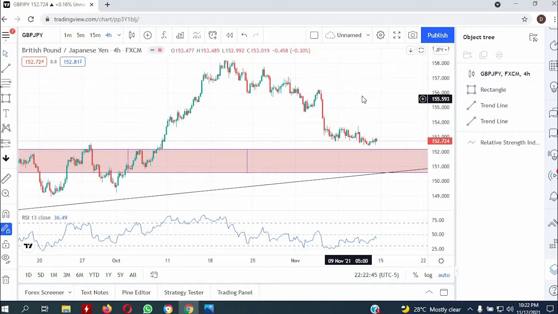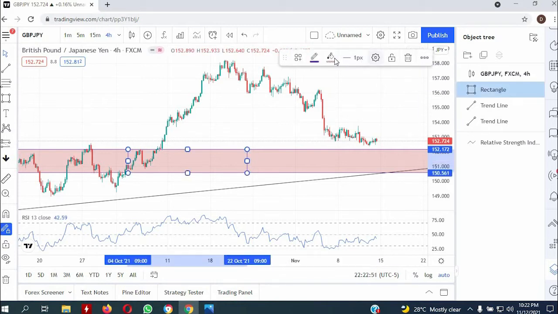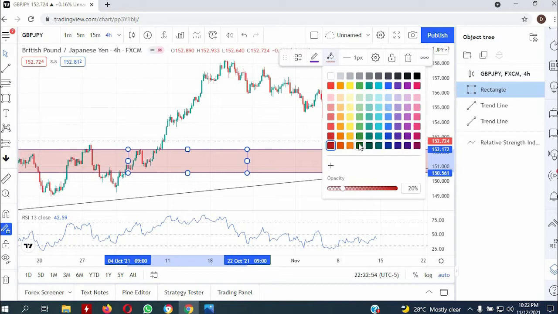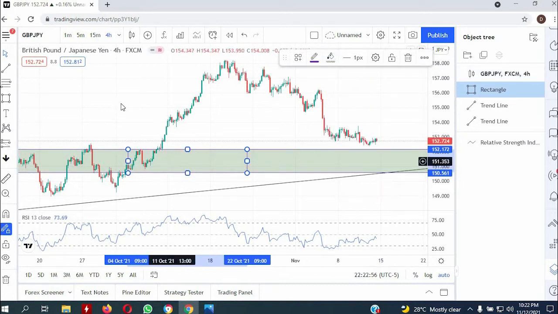So in this particular area right here, we're looking for a buy trade because the GBP JPY is bullish.